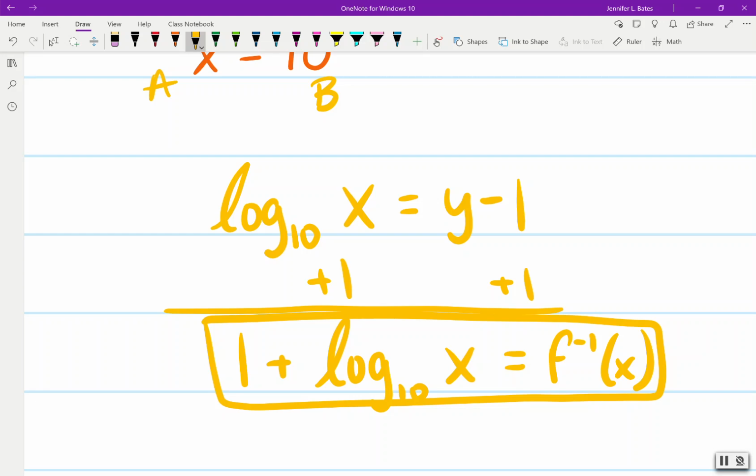So the inverse of an exponential, which is what we started with, is a log, which is what we ended with.